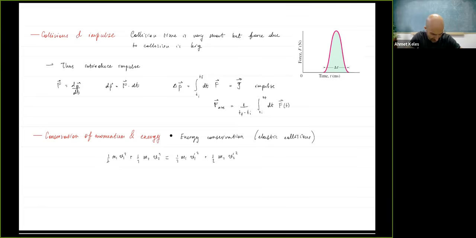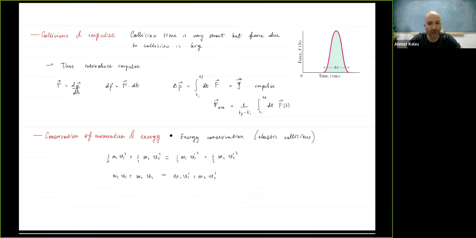And we need to combine this with momentum conservation because we also have m1 v1 plus m2 v2 should be equal to m1 v1 prime plus m2 v2 prime.